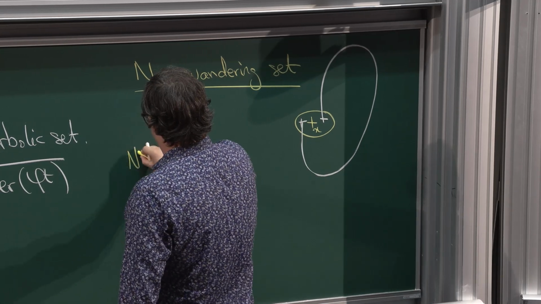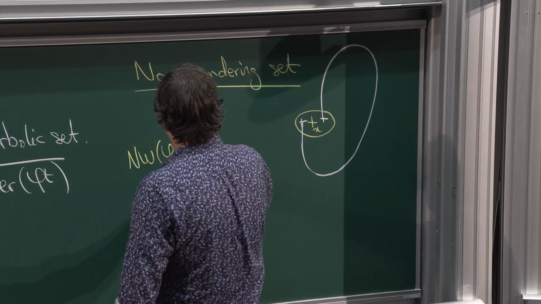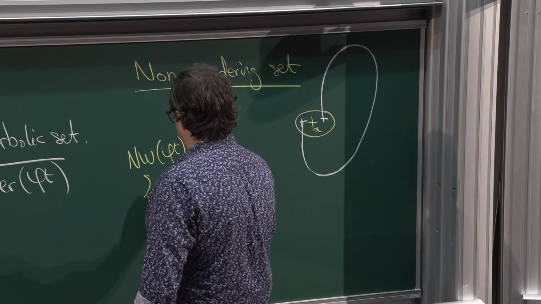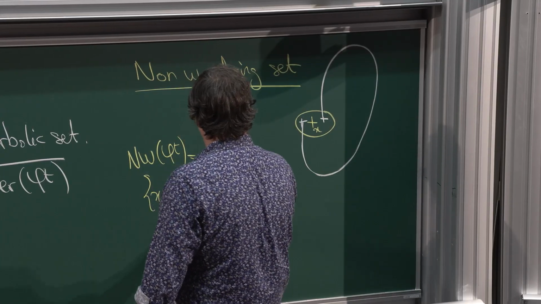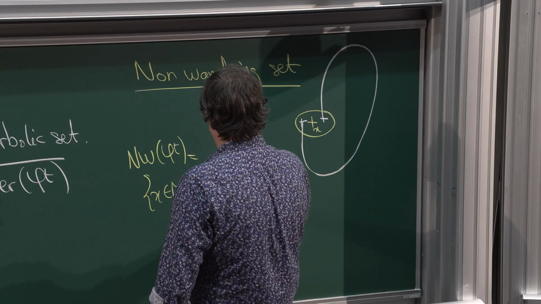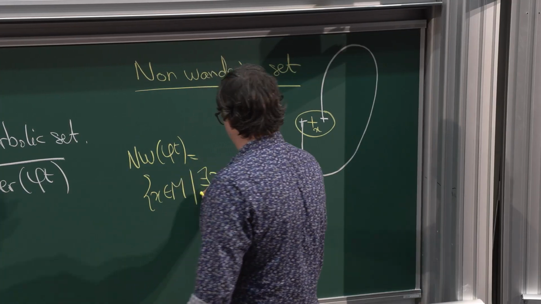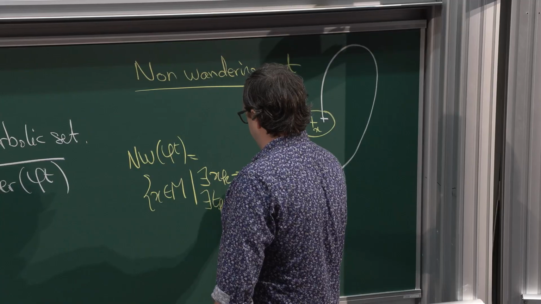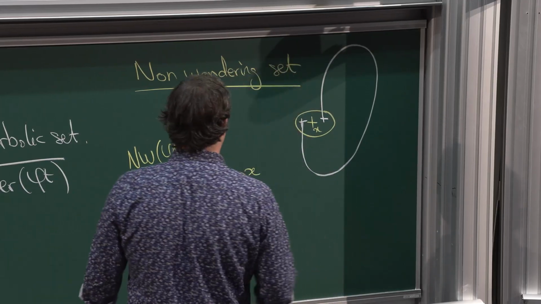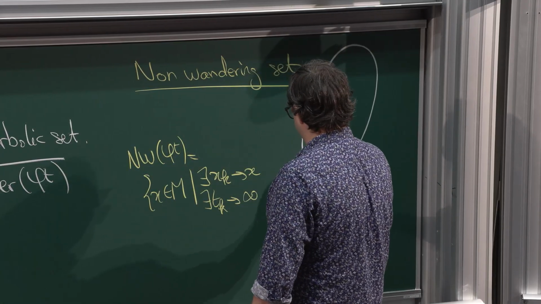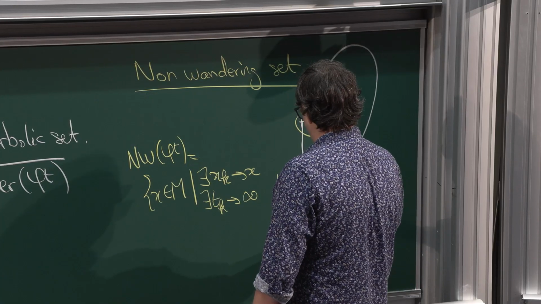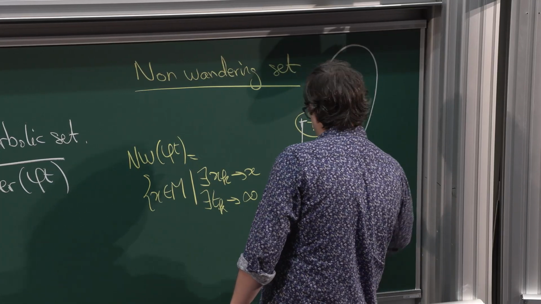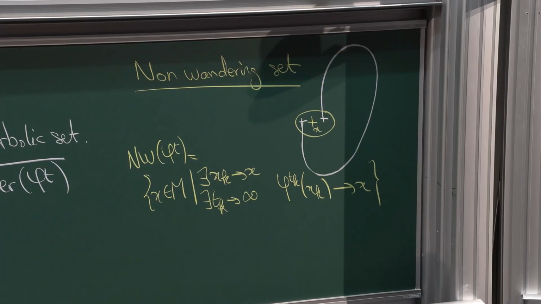All right, so the non-wandering set of phi t is the set of points x in M such that you can find a sequence xk convergent to x, and some large numbers tk, such that phi tk of xk also converges to x.